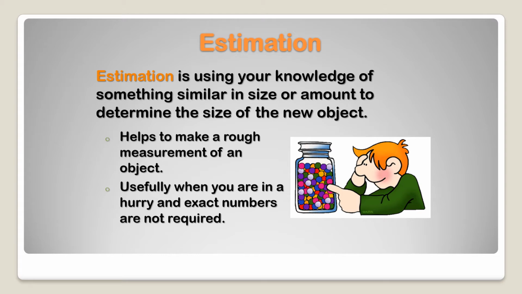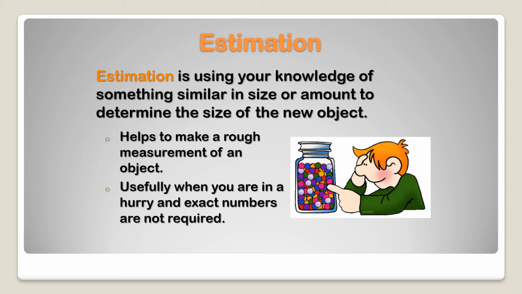Now, estimation is a form of measurement. It's using your knowledge of something similar in size or amount to determine the size of a new object. You can kind of think of it like this game right here, where you try to guess the number of gummy bears or gumballs in a jar.